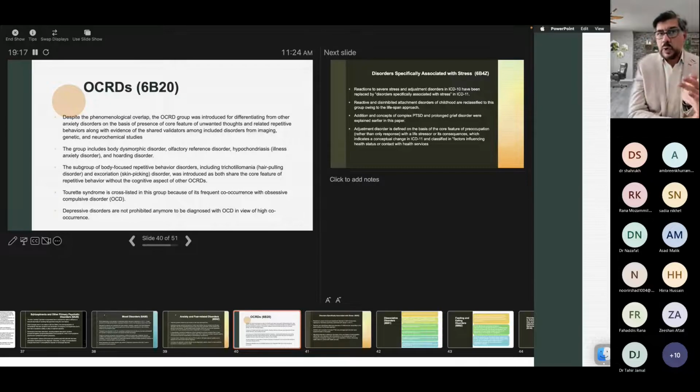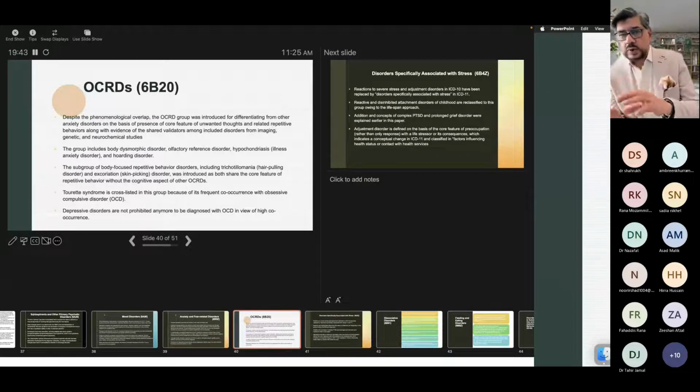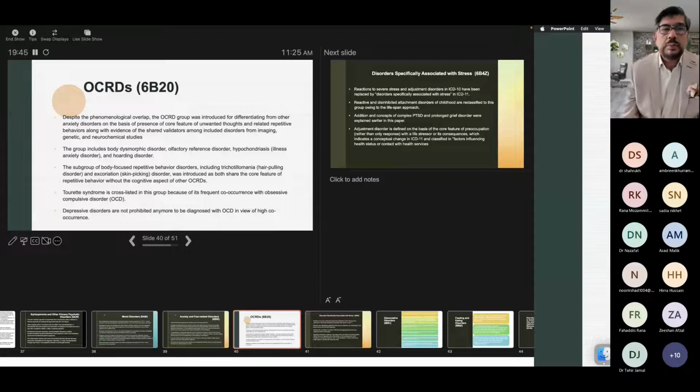The subgroup of body-focused repetitive behaviors disorders, including trichotillomania, excoriation, was introduced as both share the core feature of repetitive behaviors without cognitive aspects of other OCRDs. So this is important. And Tourette syndrome is cross-listed. So it is a frequent co-occurrence with OCD and of course, because of some neurological problems as well.